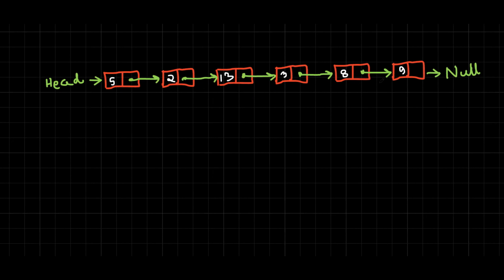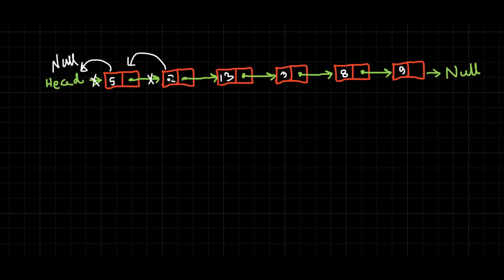Now, if we reverse it, one of the easiest ways is that we should discard each of the links and make the links backwards. So 5 is connected to the null node, 2 is connected to 5.